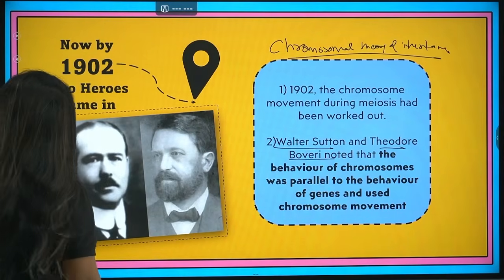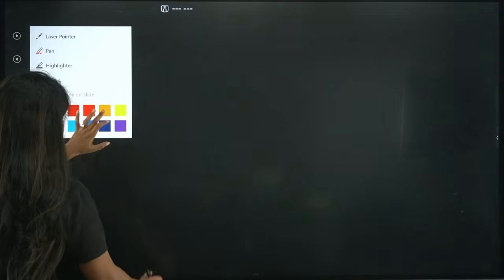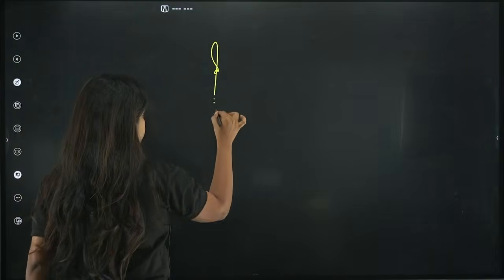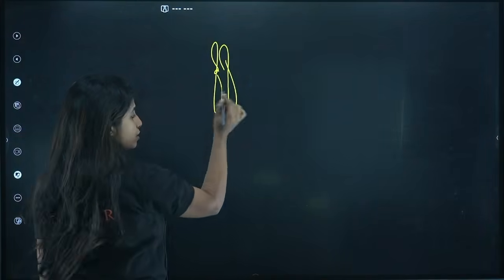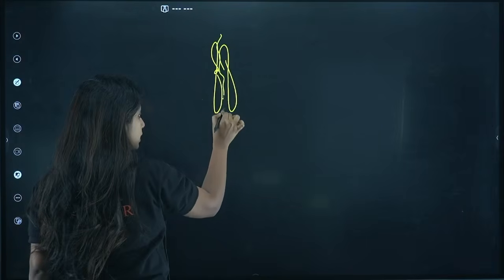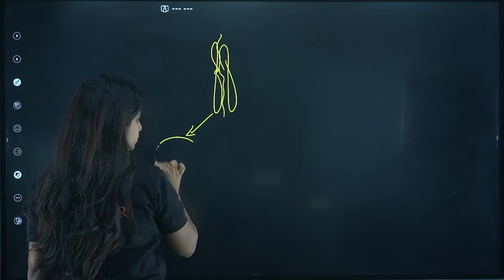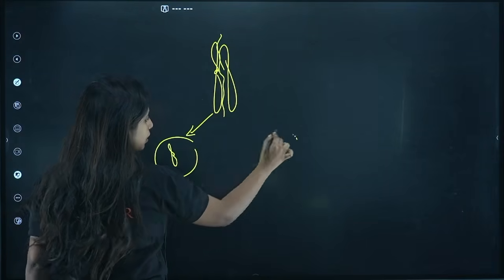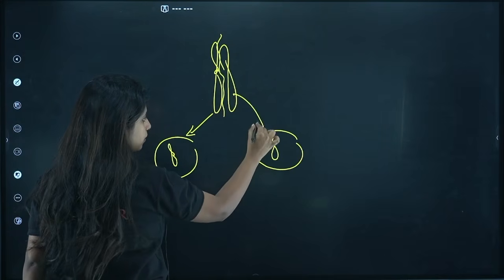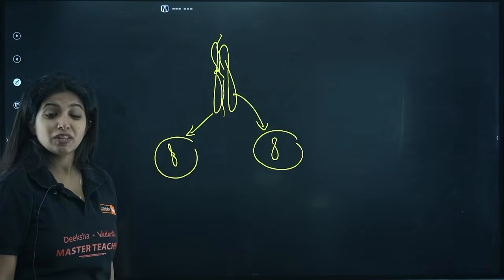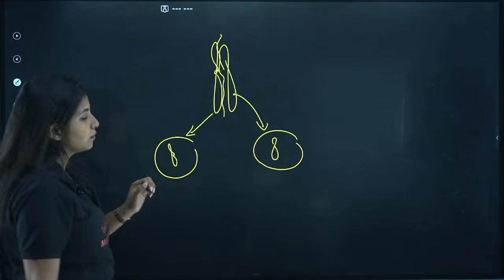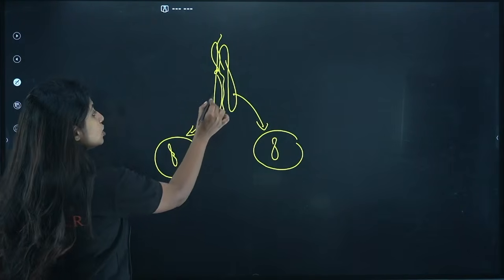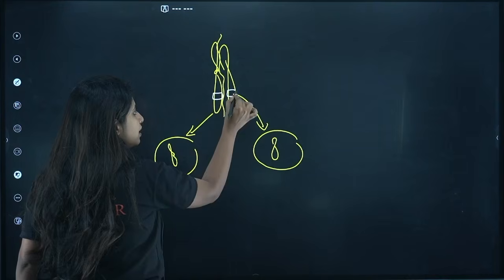Listen to me carefully. They said that when you talk about the chromosomes, you know that when meiosis has to happen, the chromosomes split, and one chromosome goes up here, one chromosome goes up here, right? So they said that whenever the chromosome was splitting, so were the genes which were being carried.